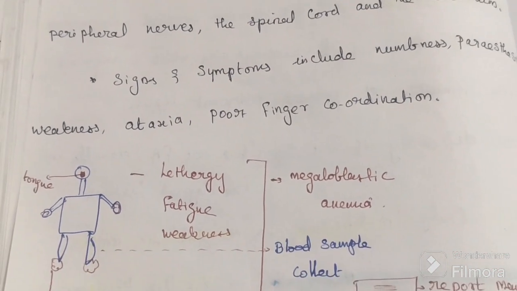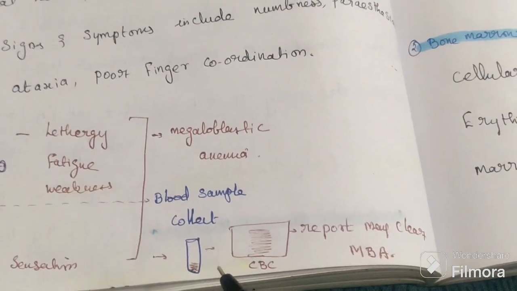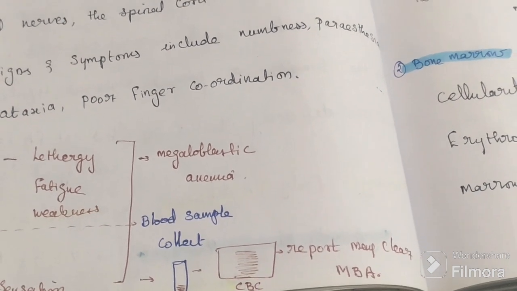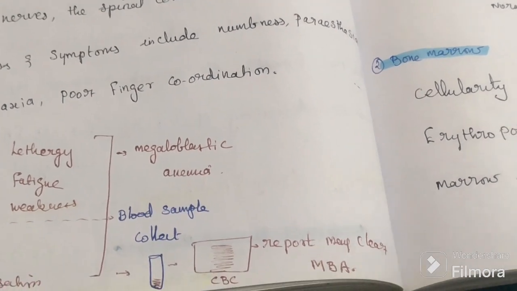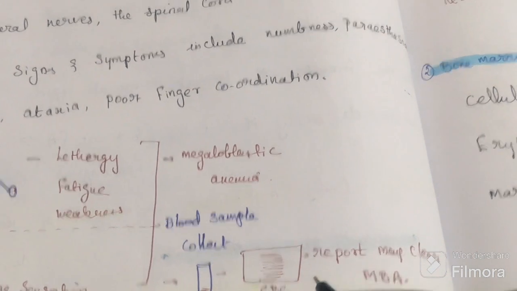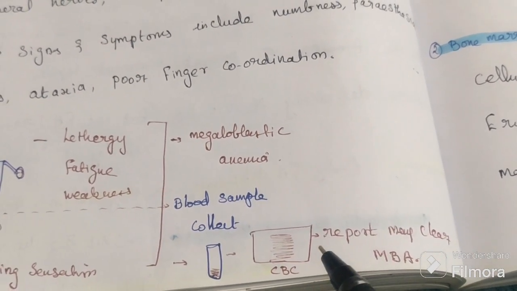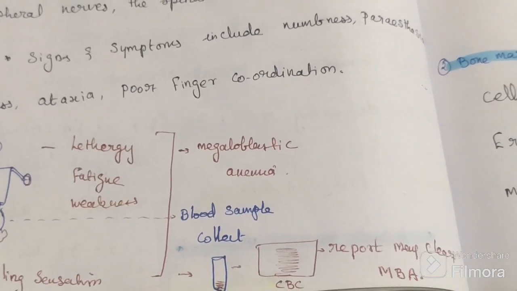Apart from the tingling sensation, we collect a blood sample from this patient. After that, we will do a CBC. The report may make megaloblastic anemia clear. These are the symptoms along with the blood samples. Along with the slide, we can confirm whether the patient has megaloblastic anemia or not.